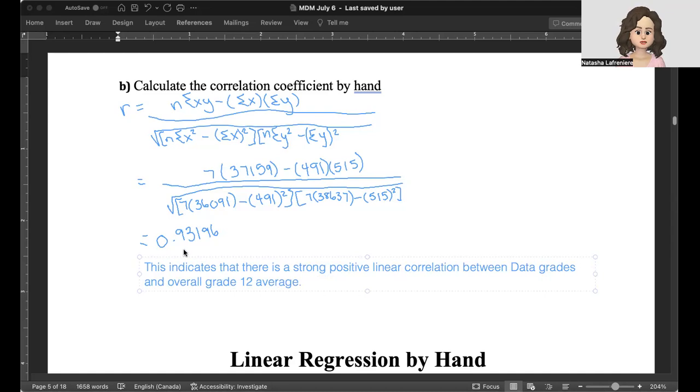If you were to square this, it's going to tell us that approximately 86.86% of the variation in grade 12 can be explained.